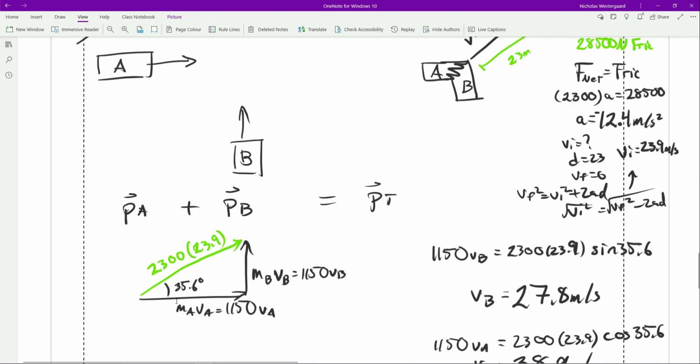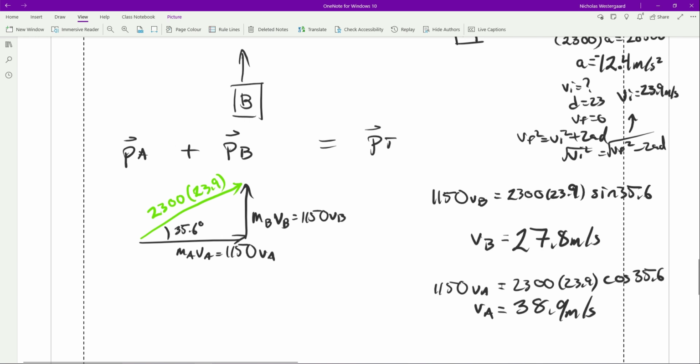And so I got it, mass A velocity A is equal to 1150, that's the mass times velocity A, which we don't know, and mass B velocity is 1150 times velocity B. Looking at this, I can use just regular old sine and cosine. The y component is opposite, so that would be sine. So I use the 2300 times 23.9 times sine 35.6, and that will allow me to solve for velocity B. Velocity B is 27.8 meters per second.